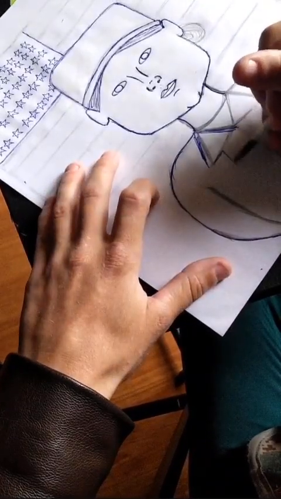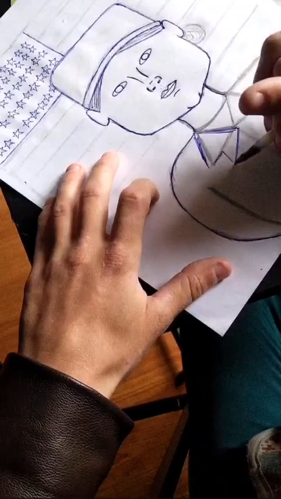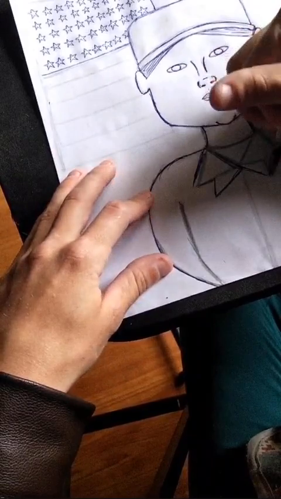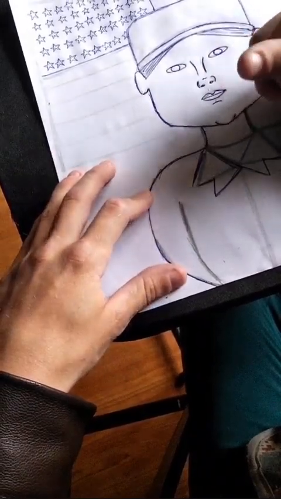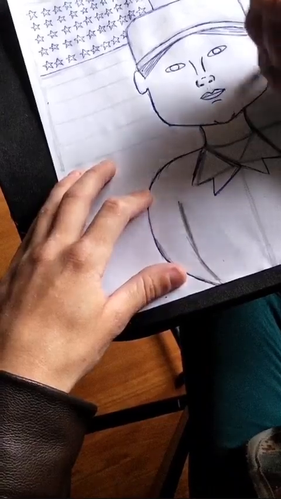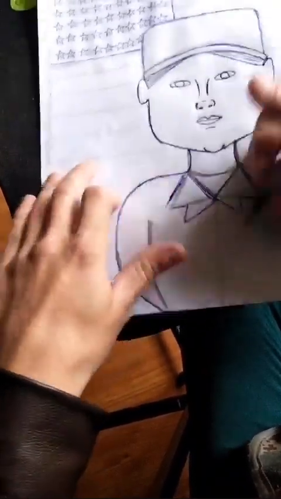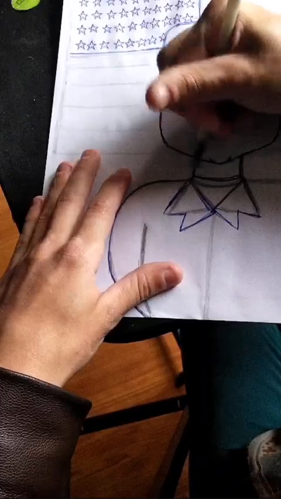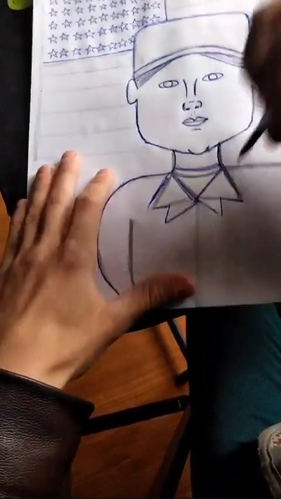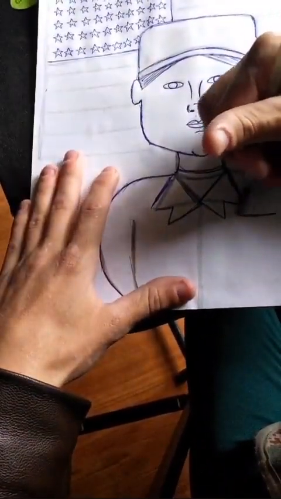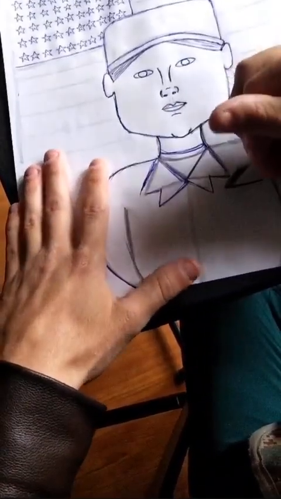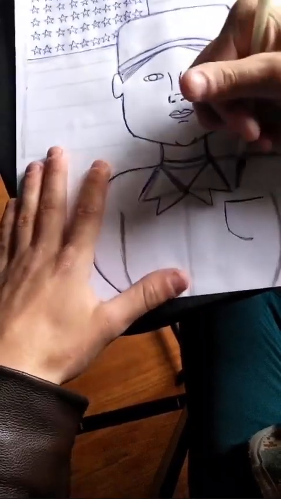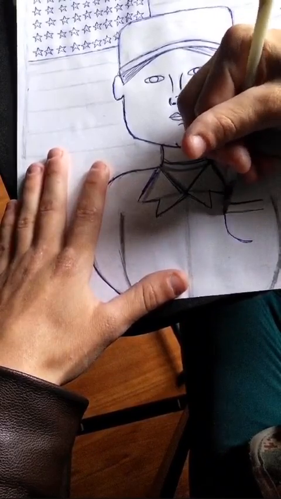We will draw another triangle to connect to that one, just to make the shirt a little more fancy. And we can make proper adjustments if needed. Now we will make a line with a half of a circle. We will make a line underneath the other line.